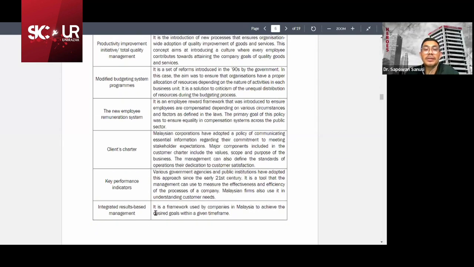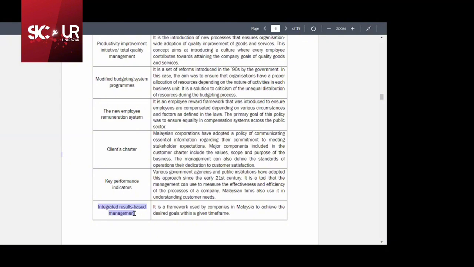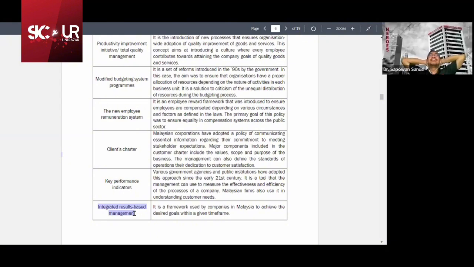Integrated result based management is the framework used by the company of Malaysia to achieve the desired goal in the given time frame. So integrated result based ni masa zaman Najib dia buat apa? Siapa tahu? Najib ada buat NBOS. Apa maksud dia? National Blue Ocean Strategy.